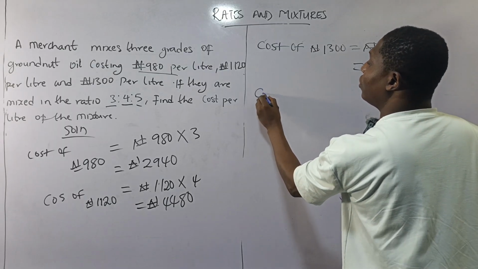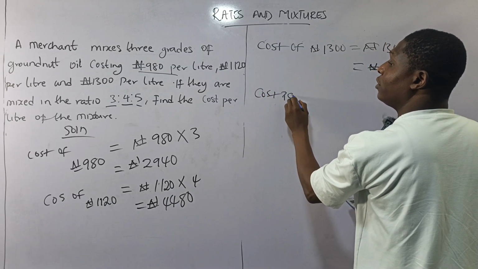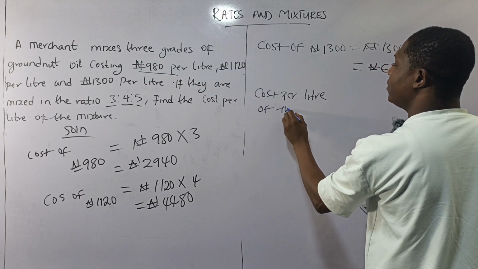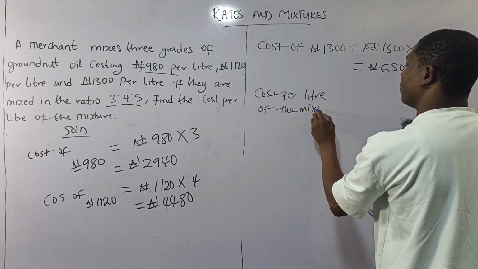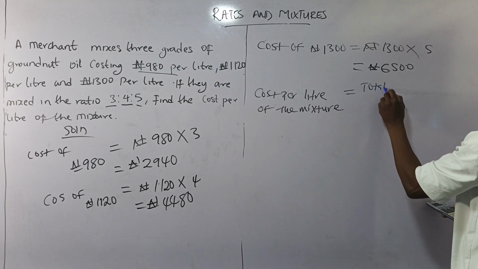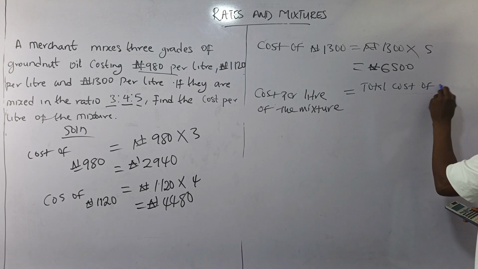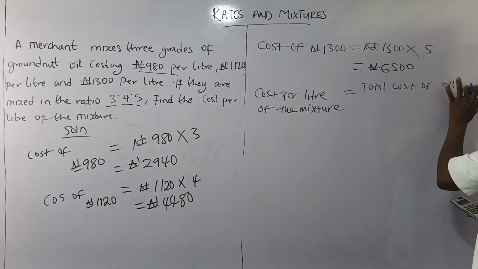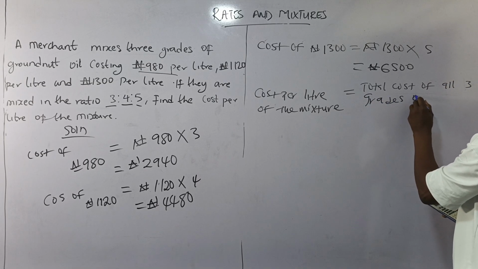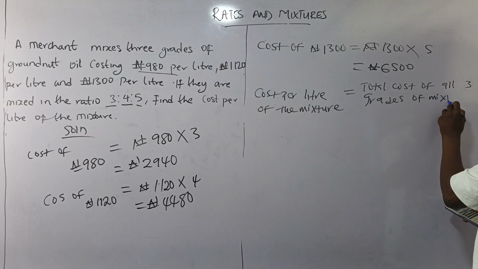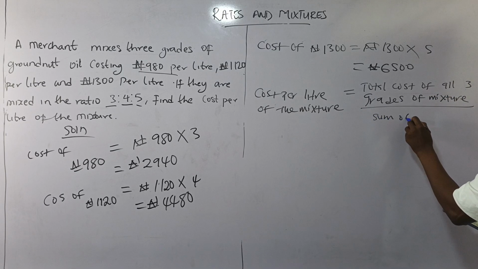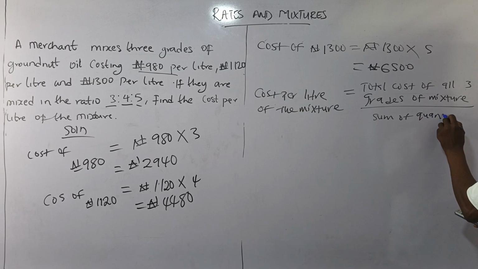Now the cost per liter of the mixture will be equal to the total cost of all 3 grades of the mixture divided by the sum of the quantities.